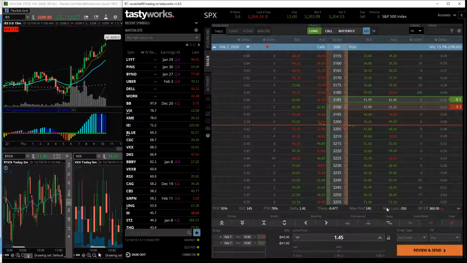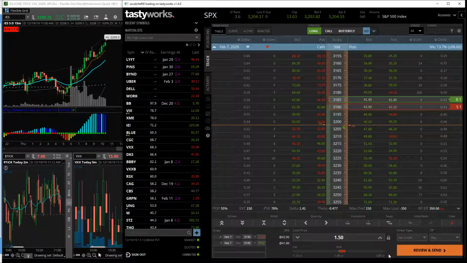You may receive $1.50 up front and they put that in our account. But your broker is saying, well, the risk here is your max loss because this is a defined risk trade. So I'm going to withhold $350. Take off the 150, it's really like 200.